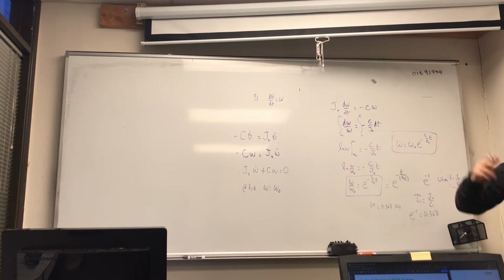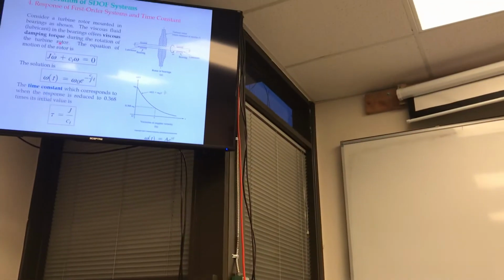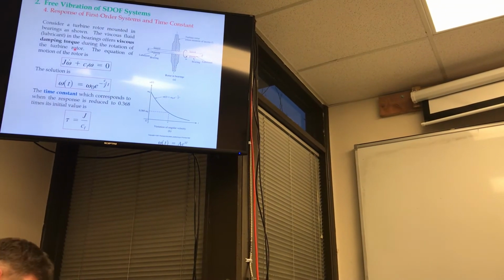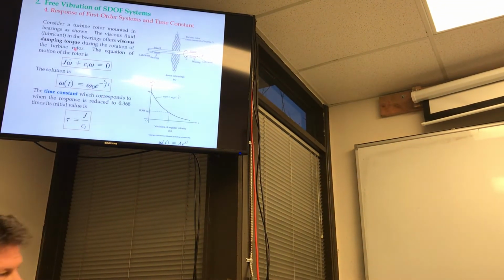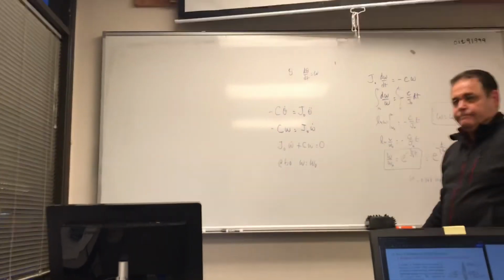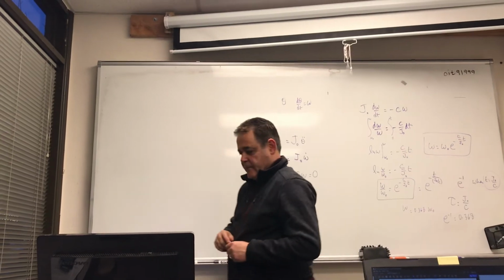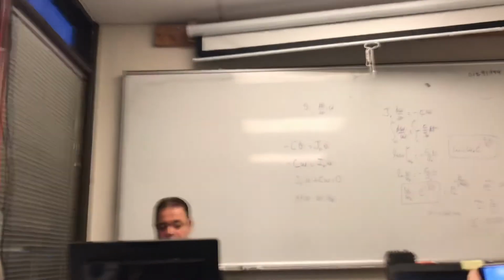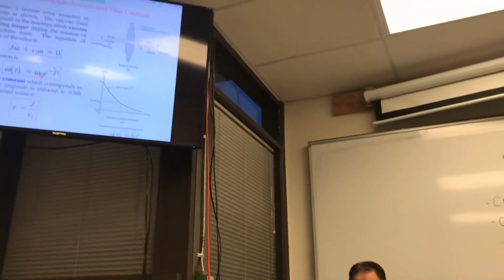So if you look at that last thing that we're talking about, the time constant corresponds to the response being reduced. When the response is reduced, it is reduced to 0.368 times the initial value. So in other words, if you look at the plot here, when t is equal to 0, omega is equal to what? Omega 0.